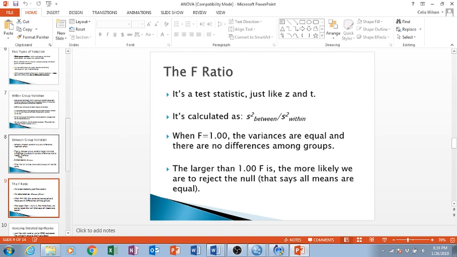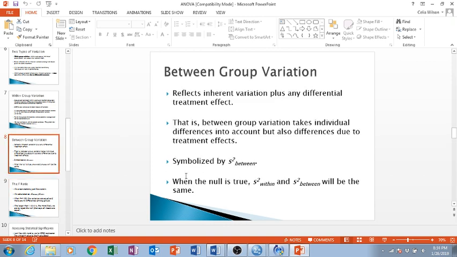Now, let me back up and say, when the null is not true, when we reject the null, that is saying that when I'm looking at each group within itself and I'm comparing between groups, there are differences in that amount of variability. So when I'm going to reject the null, I'm going to have the opposite of what's happening here in this last bullet.